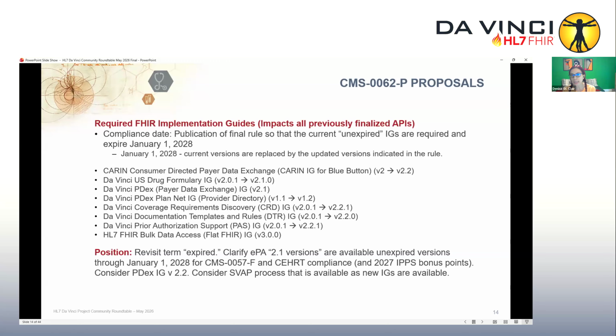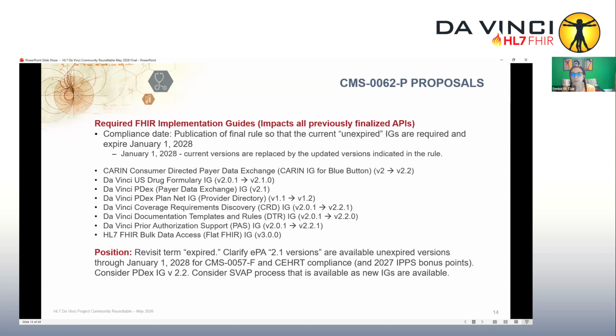But then another key consideration here is that the rule proposes essentially leveraging the standard version advancement process, or SVAP, for helping to advance versions of these IGs once they are required, so that the community doesn't have to wait for rulemaking to be able to use the next available version of the IG. Currently, the SVAP process happens on an annual cadence.